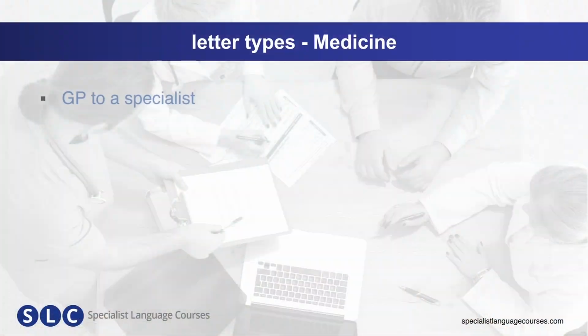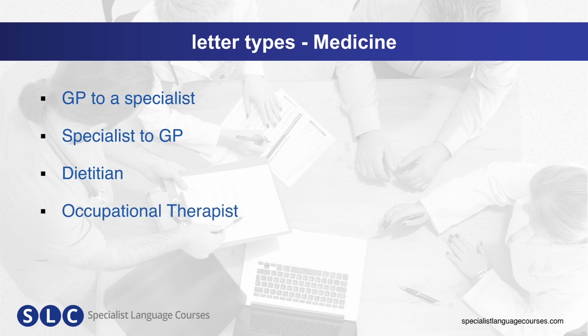So in medicine, you might be writing as a GP to a specialist, for example, neurologist, cardiologist, gastroenterologist, or you might be writing as a specialist to the GP. Or you might be writing, like in nursing, to another healthcare professional, such as a dietitian, occupational therapist, or a physiotherapist.